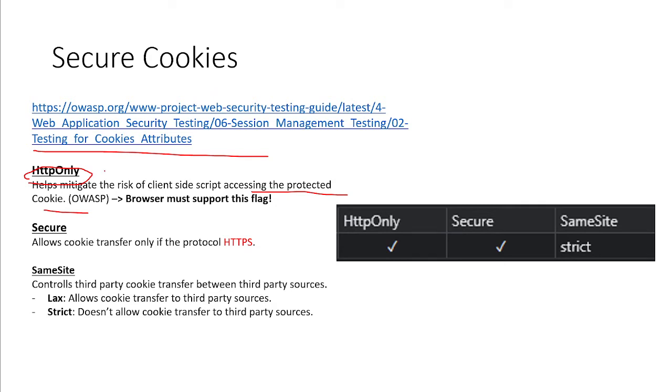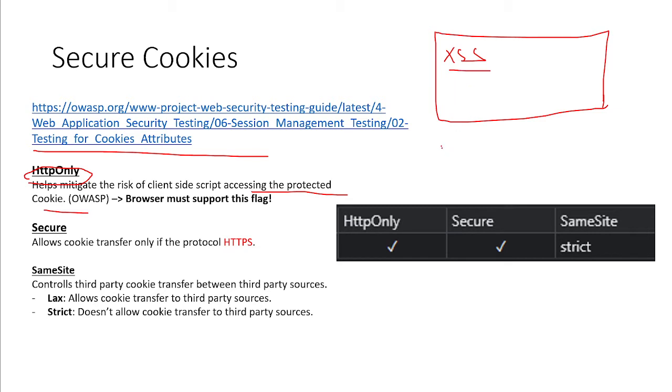Let's think. There is a web application, and your application is vulnerable to XSS. If an attacker finds an XSS vulnerability in your application, they want to reach the user's cookie.